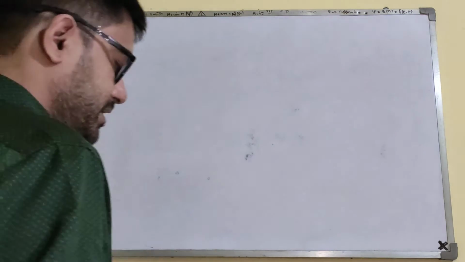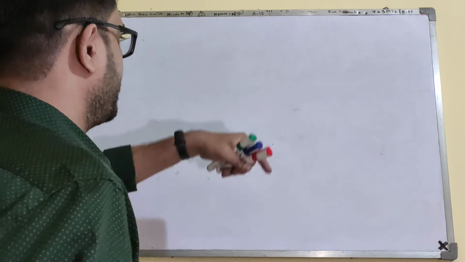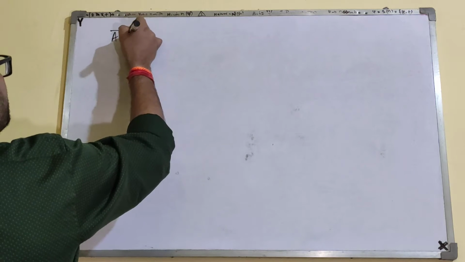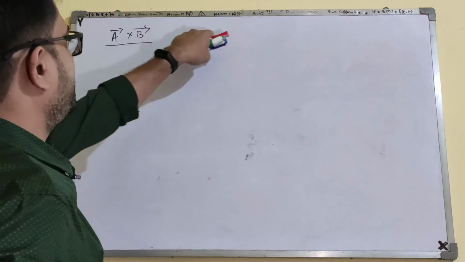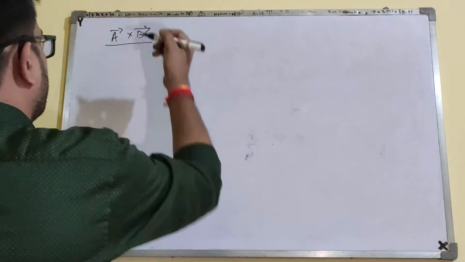Let me clearly draw some coordinate systems again. First of all, let's define A cross B, and here we are not going to use the short formula, which is AB sine theta n cap. Why?